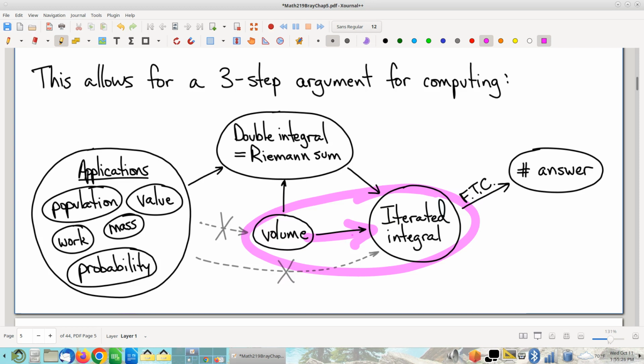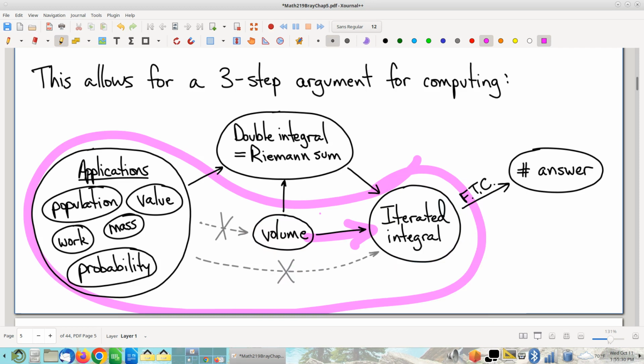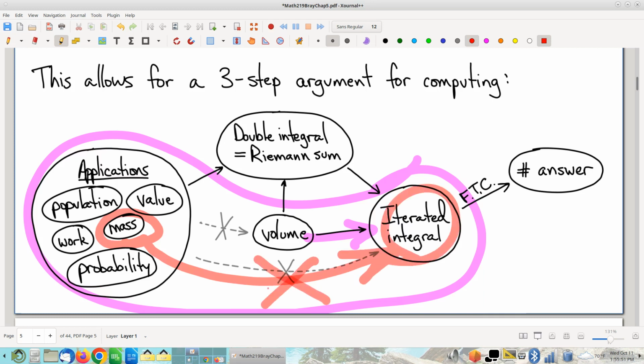Then I enlarged the scope and said, hey, what if I want to talk about any of a bunch of other different applications? And we looked at mass in particular. And I made the observation, and this is what you were just asking me about, you cannot directly relate mass to an iterated integral. It doesn't make any sense. This just doesn't fit.